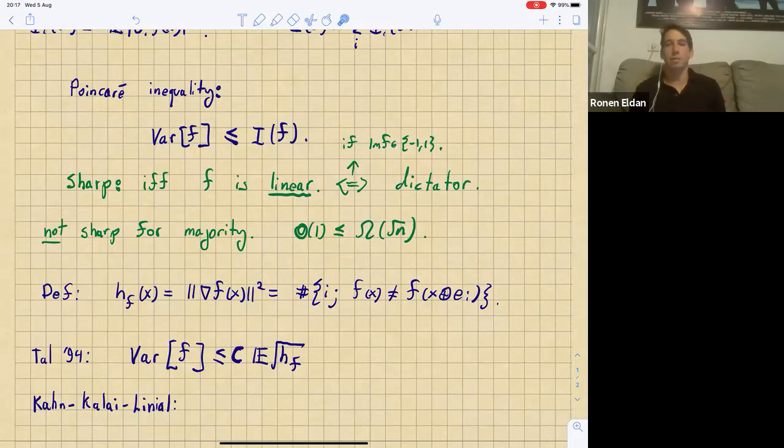Think of, say, a balanced function: we have probability 1/2 to be equal to +1 and 1/2 to be equal to -1. And the question is, what can I say about the maximal influence of a coordinate? Does the fact that the variance of f is O of 1 ensure that there is at least one coordinate with a big influence? And how big is this influence?